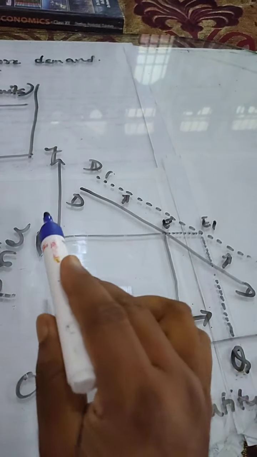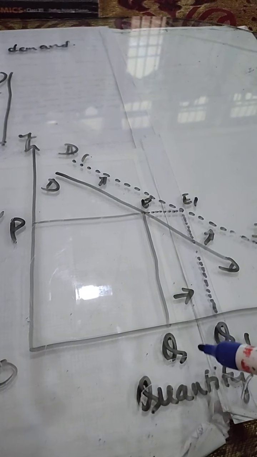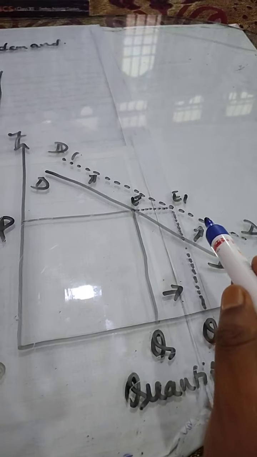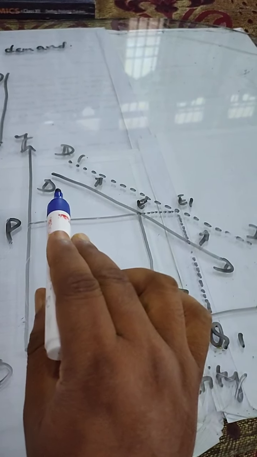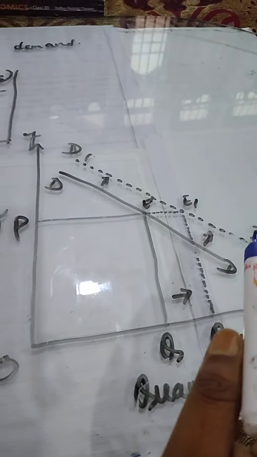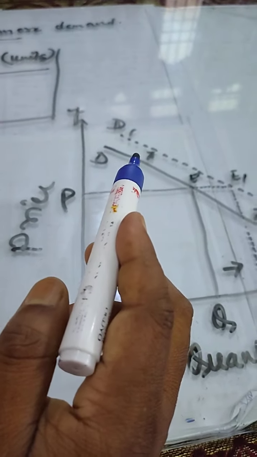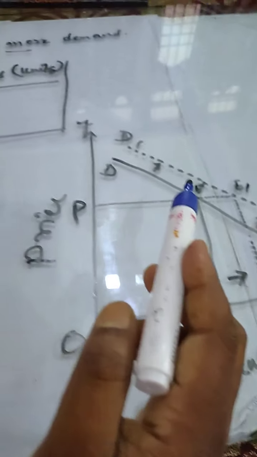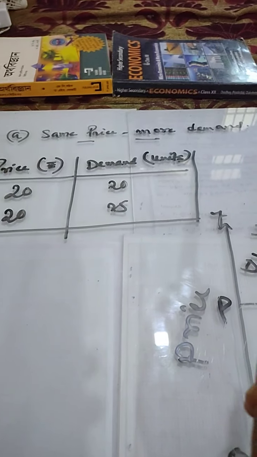Now at the same price, that is OP price, the quantity demanded has increased from OQ to OQ1. That means therefore there is a shift in the original demand curve DD to D1 D1. So in increase in demand there is the necessity of shifting the demand curve from its original position. Here we discuss the same price, more demand.